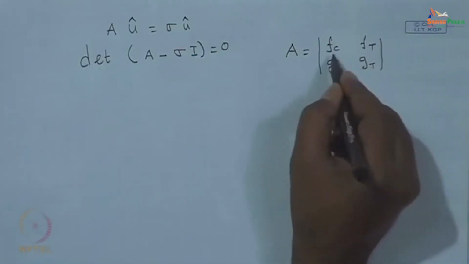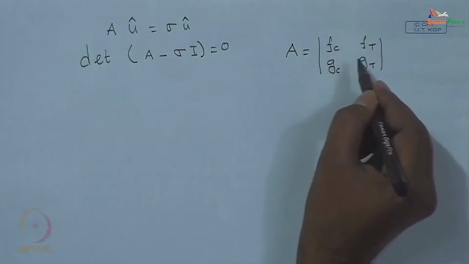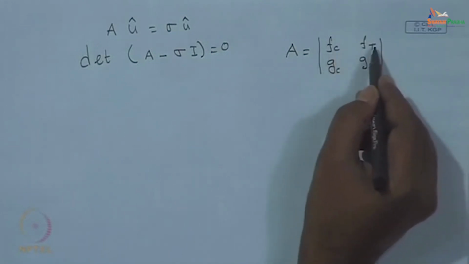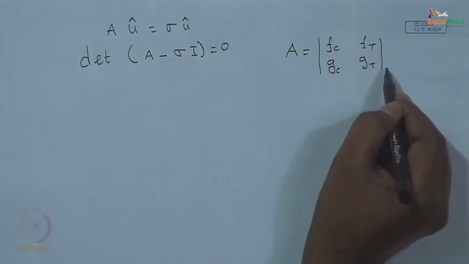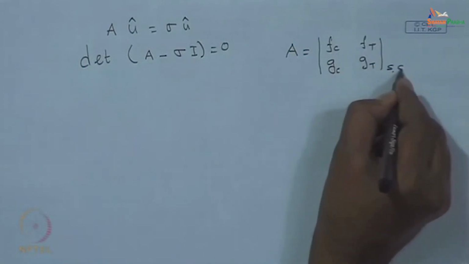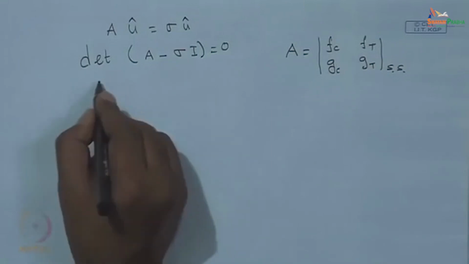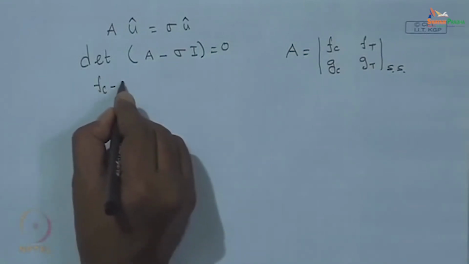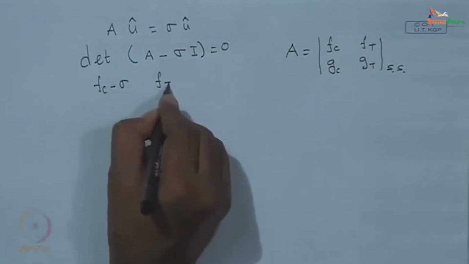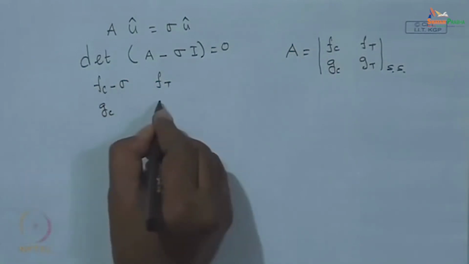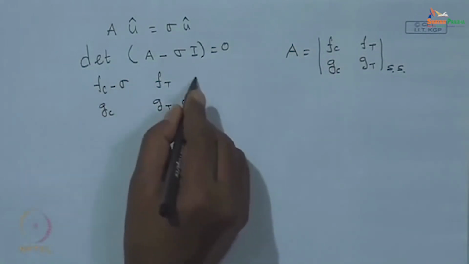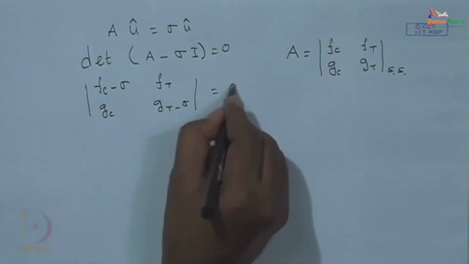These partial derivatives, with respect to concentration and temperature, are evaluated at the steady state. So, the determinant of A minus sigma I becomes the determinant with F c minus sigma, F t, G c, G t minus sigma, equal to 0.